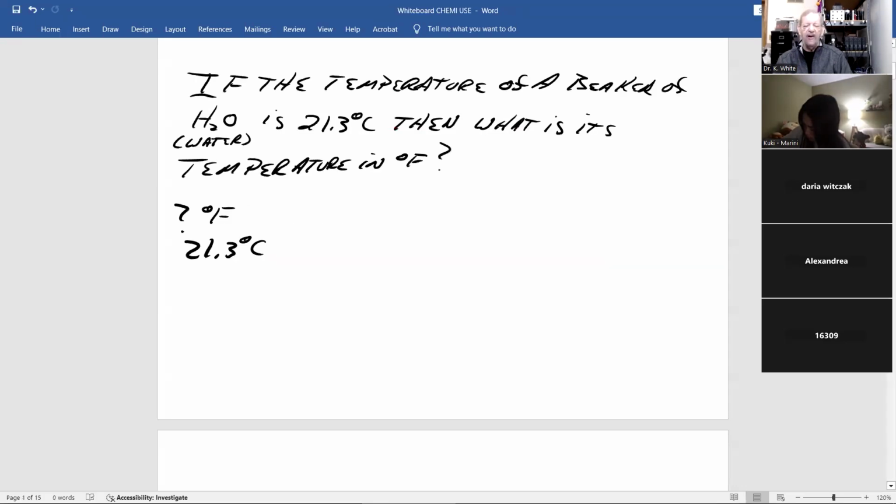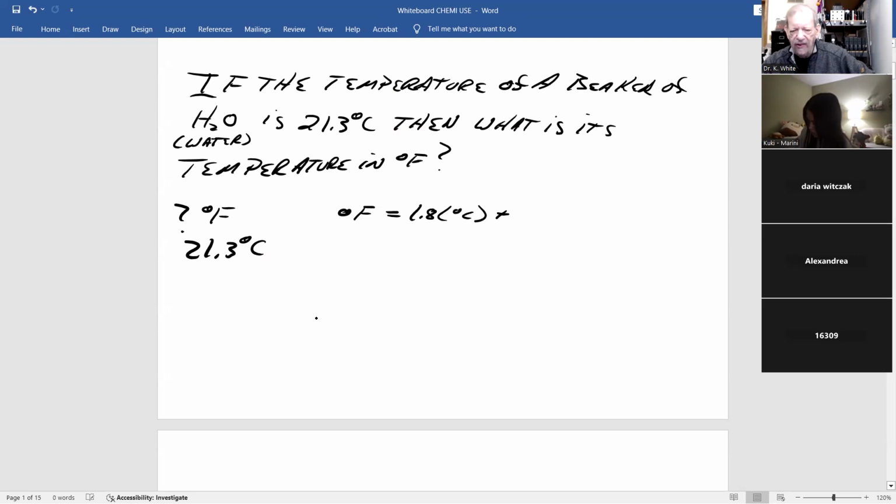So we now know the formula that you have memorized, degrees F equals 1.8 times degrees C plus 32. Now we know what degrees C is right here. So this is equal to 1.8 times 21.3 degrees C plus 32.